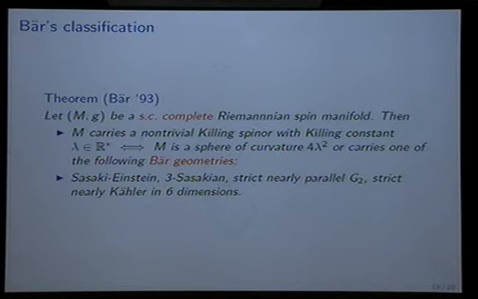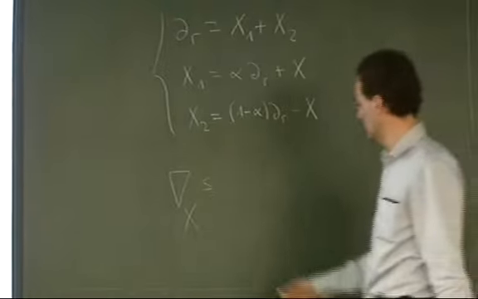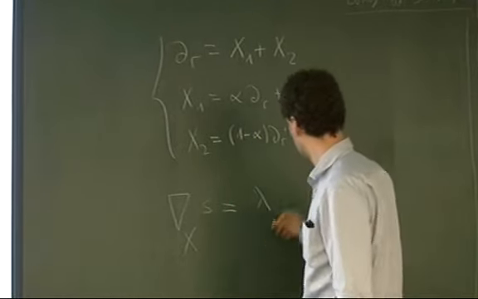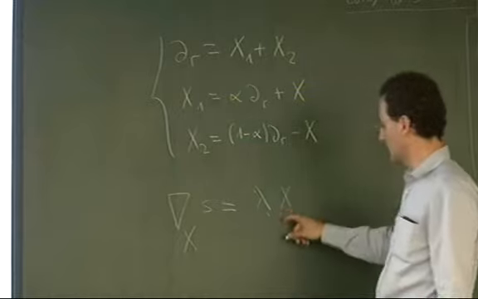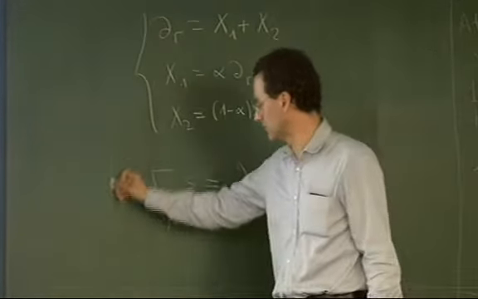And maybe to be sure that it is clear what I'm talking about, we consider the Killing spinor equation. It is this equation for a spinor. We consider the covariant derivative of a spinor, and this should be equal to lambda, this Killing number, times the Clifford multiplication of the vector X with the spinor s. This is the Killing spinor equation.